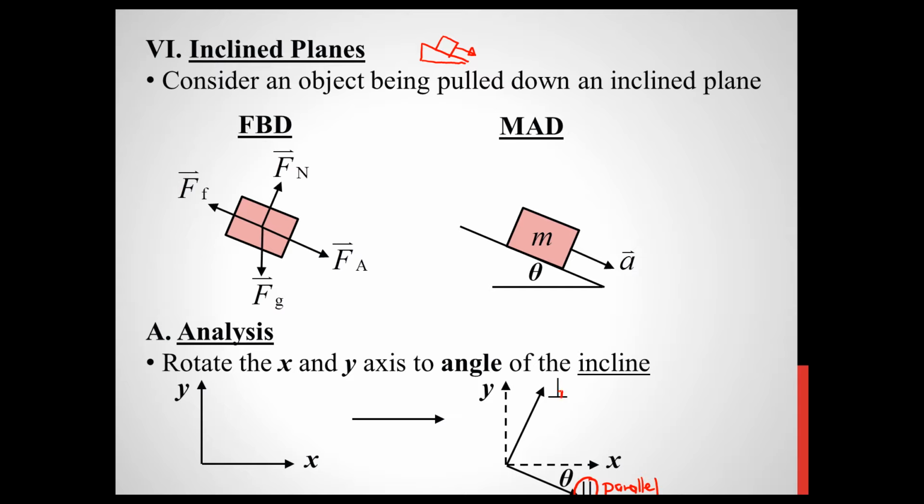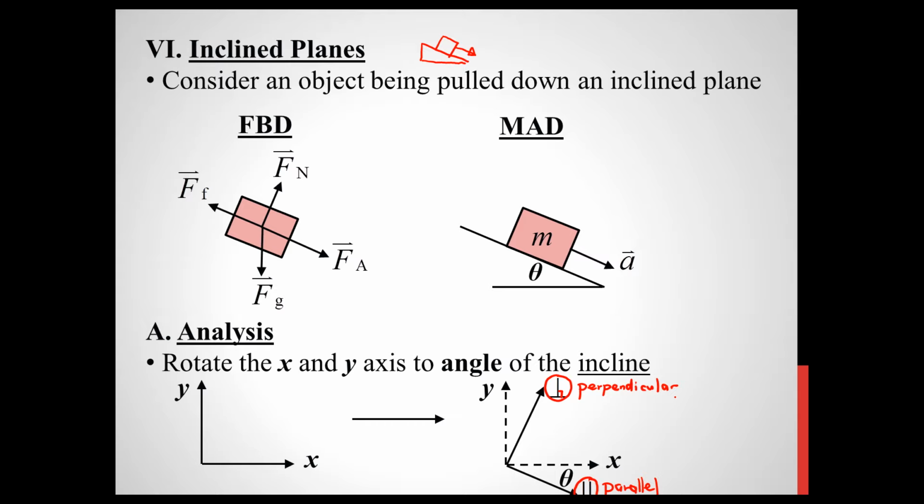This symbol, I'm going to add a little square at the top there, means that this axis is perpendicular to the incline.